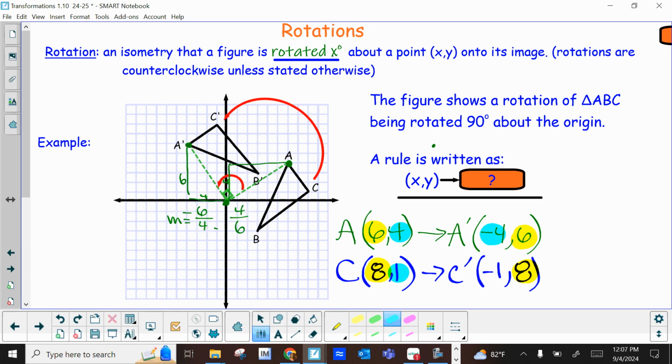This one switched over to this spot, but it also changed the sign. So what are we going to do? We're going to switch the y and the x, but we're going to change the sign on the left side over here. So that is your rule always and forever for a 90-degree rotation. So I'm going to highlight that, and it's for 90 degrees counterclockwise.